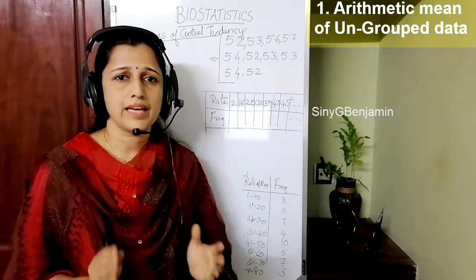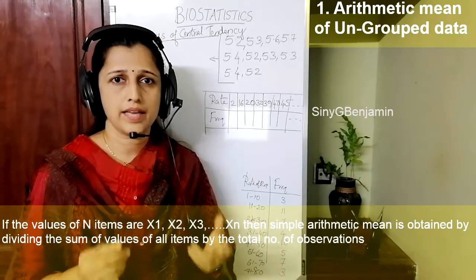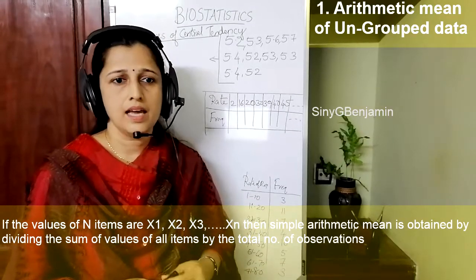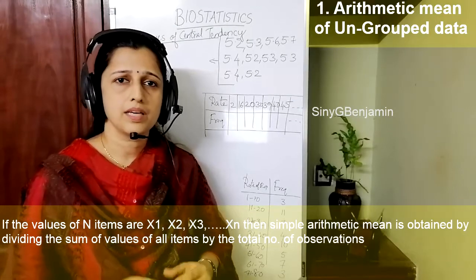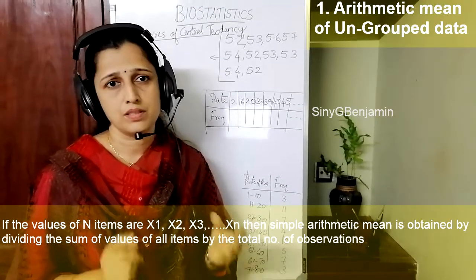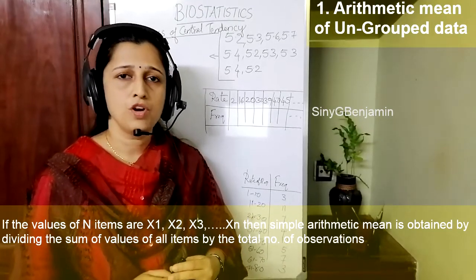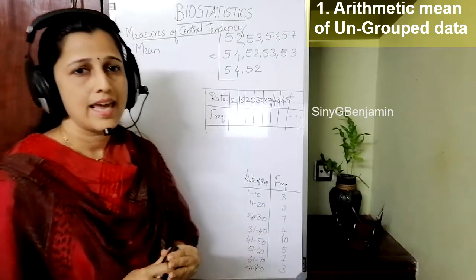If the values of n items are x1, x2 till xn, then the simple arithmetic mean is obtained by dividing the sum of all the values, that is x1 till xn, by the total number of observations, that is x bar.